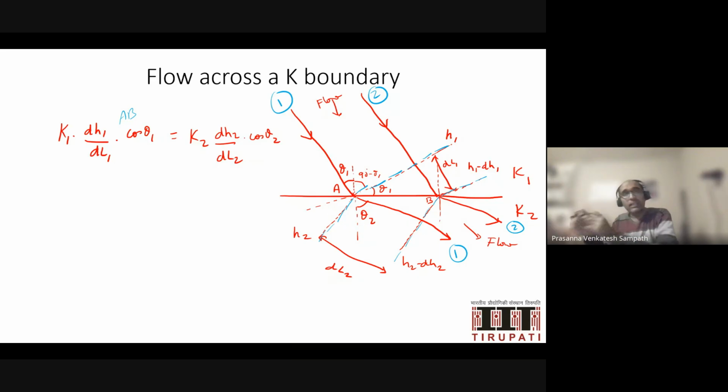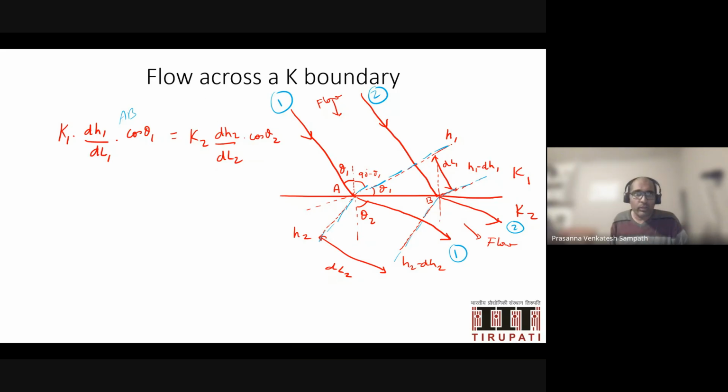Now coming to the second region, it's again K, but now it's K2 because the hydraulic conductivity has changed. K2 times dH2 divided by dL2. Now dL2 is this distance between the same two equipotential lines, and let us assume that those equipotential lines are given by H2 and H2 minus dH2. So the head difference is dH2.